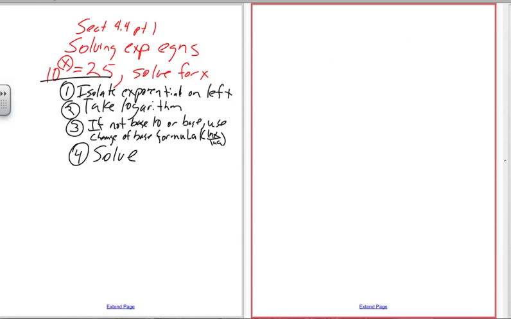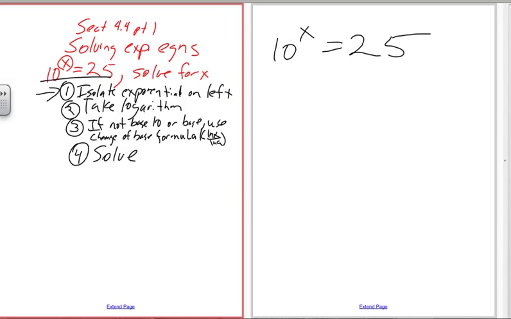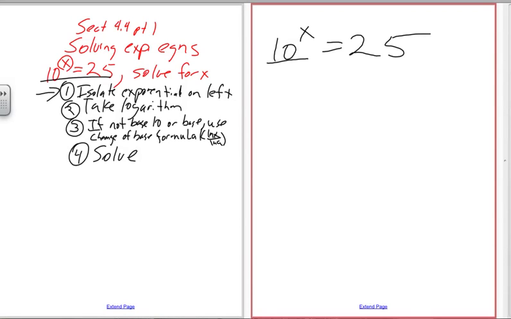All right, so let's take a look at an example. So we start out with 10 to the x equals 25. Okay, step one, isolate exponent on the left. Done. Step two, take logarithm. How do you know which logarithm to do? You use the same base as you've got here. So I'm going to take log base 10 of 10 to the x will equal log of 25.